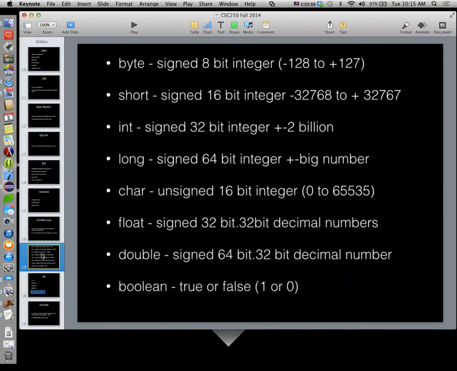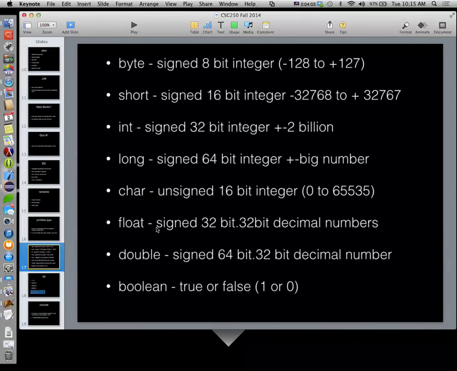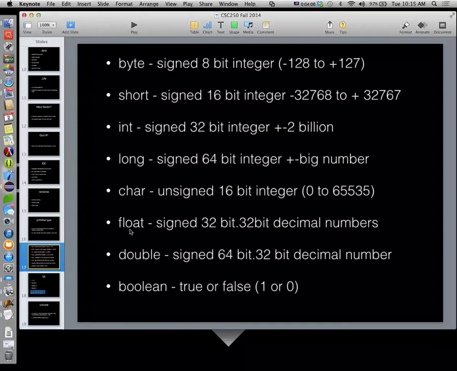Now, let's talk about floats and doubles quick. So a float is akin to an int, except it can hold decimal point values. Integers do not know how to hold a decimal point value.